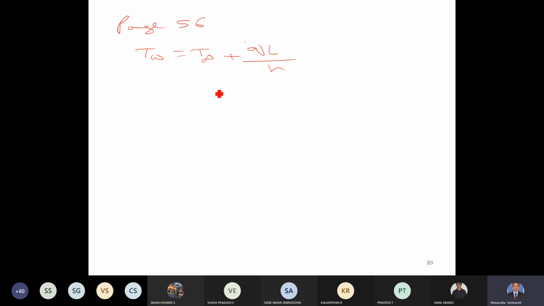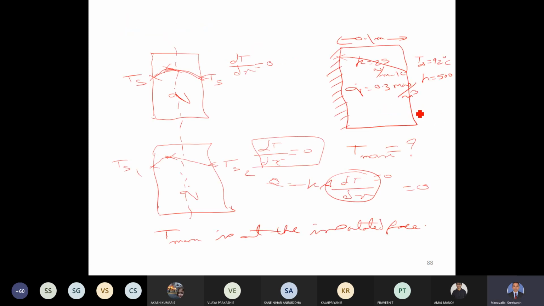So this is what is given in the data book. In our case, we will call this temperature TS2, and let us call this T max or T naught, whatever it is.